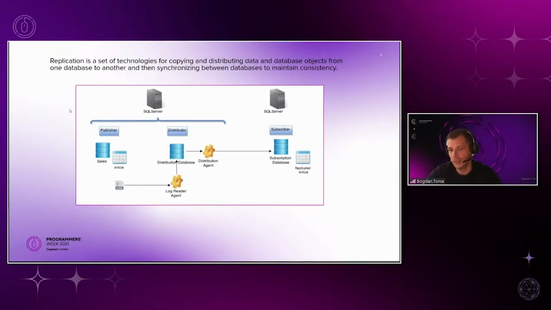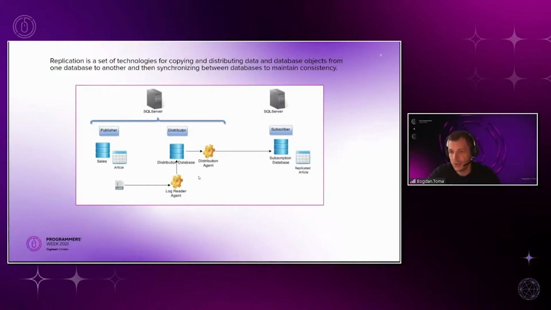It is not needed. A snapshot replication only takes the data from the publisher, moves it with the distributor and snapshot agent to the subscriber side, and it stops. All other actions that happen afterwards are not monitored. And if you want to have the subscription database synchronized again, a new snapshot must be created.